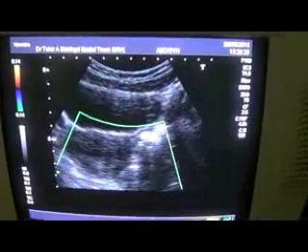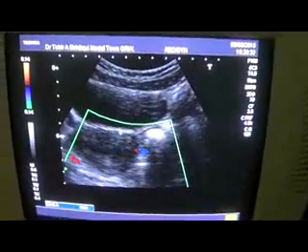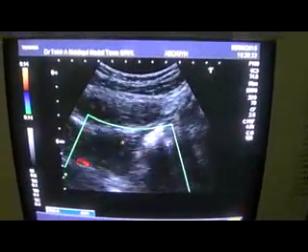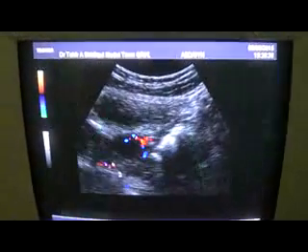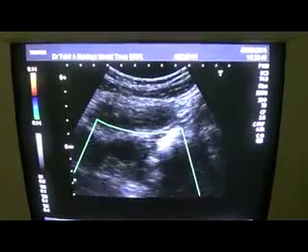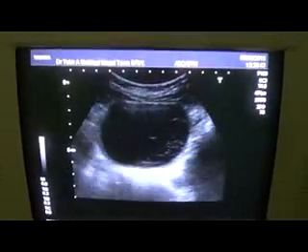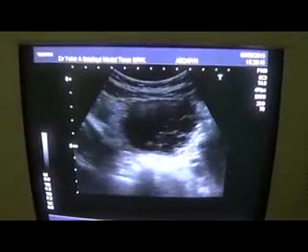This is the uterus in transverse section.